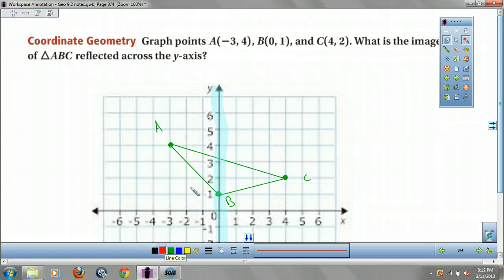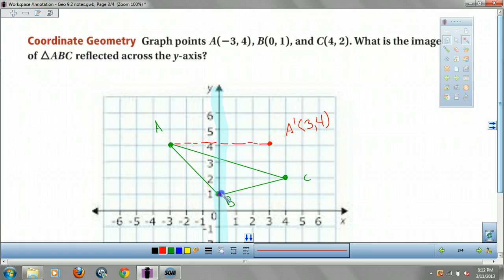So when I reflect the point A, I go 1, 2, 3 to get there, and 1, 2, 3 over here. So this is going to be my A prime. That point is going to be 3, 4.